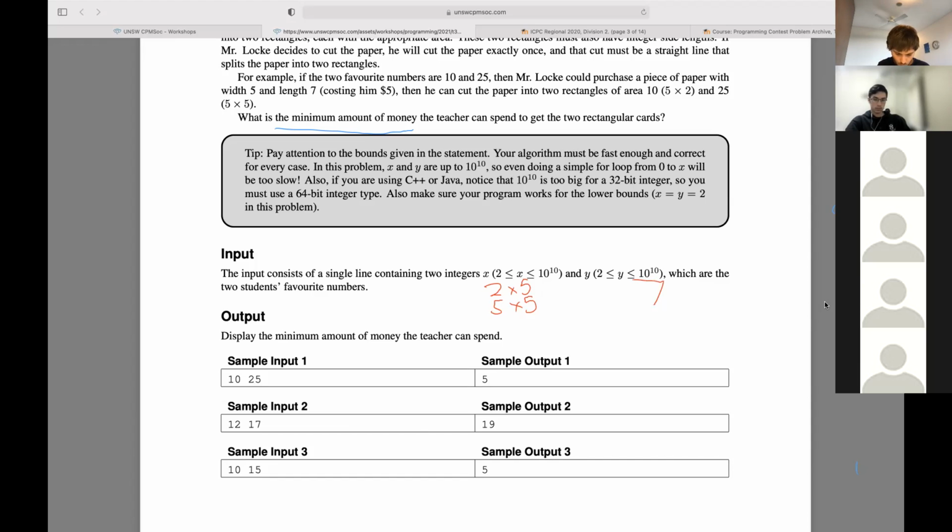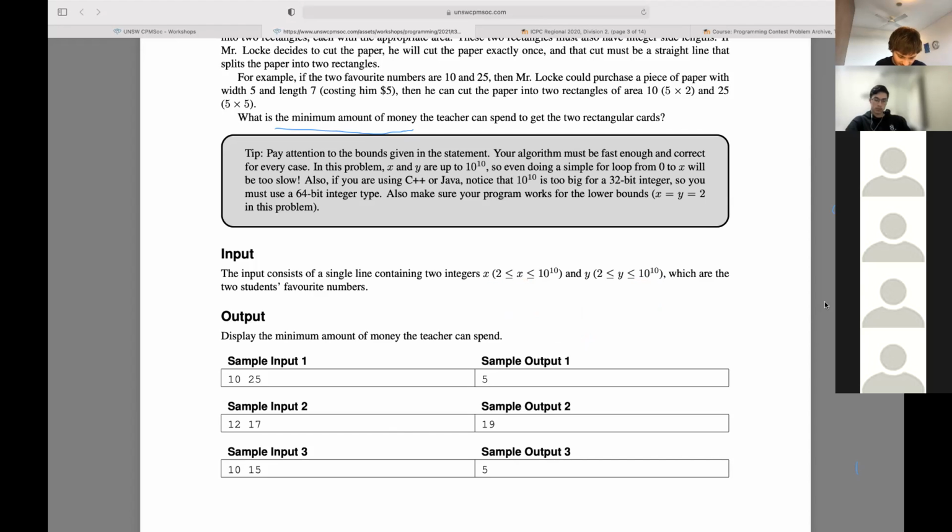Alternatively, we can instead buy one 5x7 piece of paper that costs $5, and we then cut that piece of paper into one of 5x2 and one of 5x5, and that gives us the two pieces of paper we want with area 10 and 25 and costs us only 5. So that is the cheapest way to go about that one.